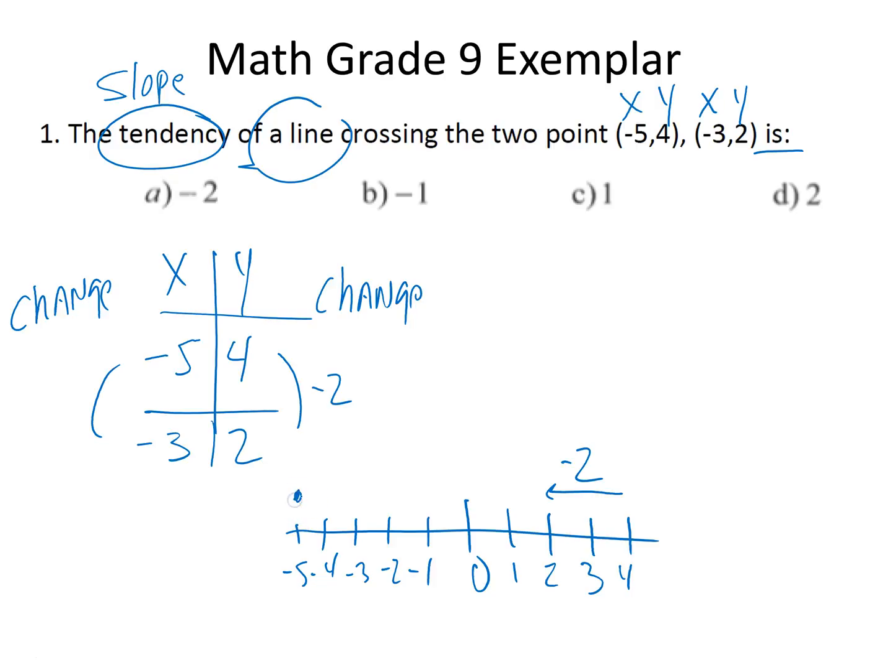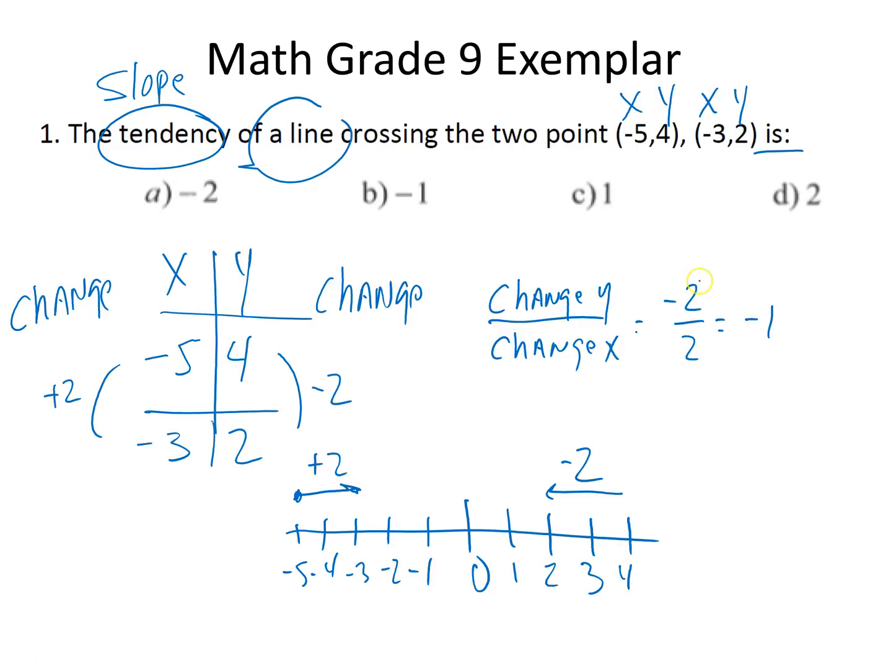From -5 to -3 is a +2. So we want our change in y over our change in x. -2 over 2 gives me -1. So my answer is -1.